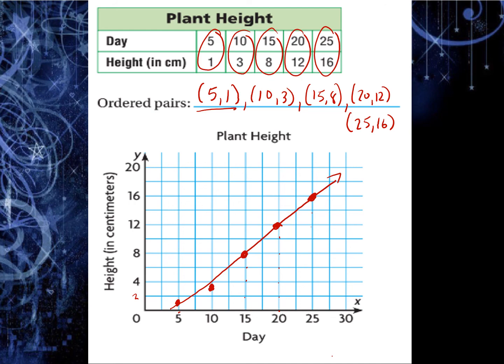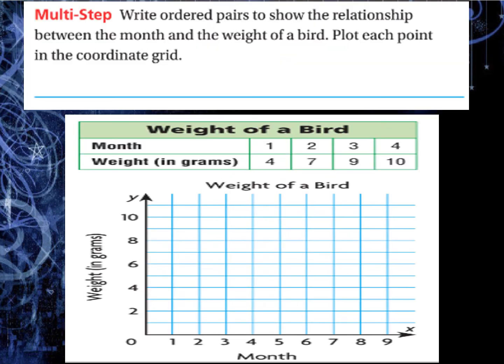All right? And finally, a multi-step problem here. Write ordered pairs to show the relationship between the month and the weight of a bird. Plot each point in the coordinate grid. So here we have the month and the weight. Notice that the weight is my y-axis and the month is my x-axis. So here we have month 1, 4 grams.